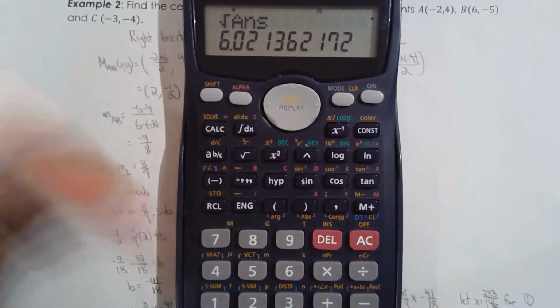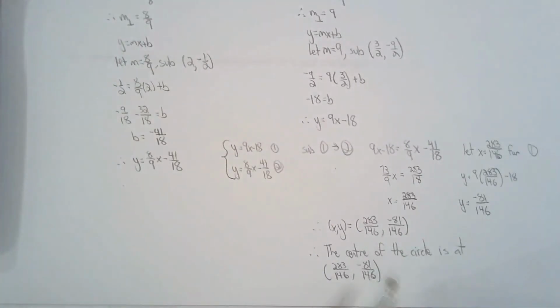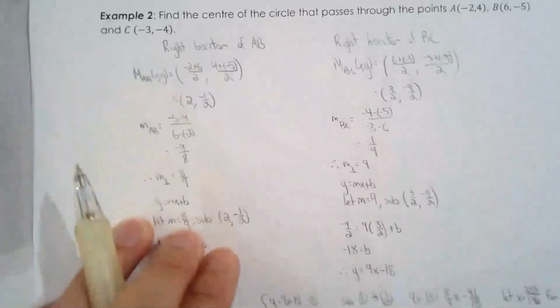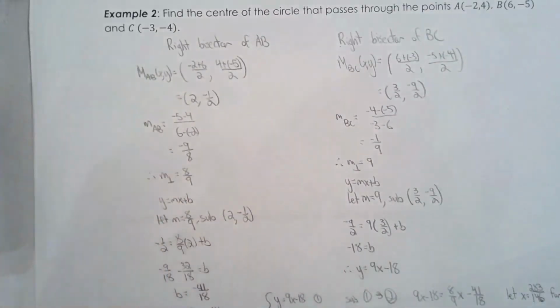I feel great about that ugly answer now. That answer now is my friend, because the math says so. And if you feel very uncomfortable, take this point and see the distance from point C, and you'll see it's 6.02 as well. That's the beauty of math. It's the circumcenter, so it must be equidistant to points A, B, and C. So that's the property of circles. You can review the notes, and we're basically done the unit.